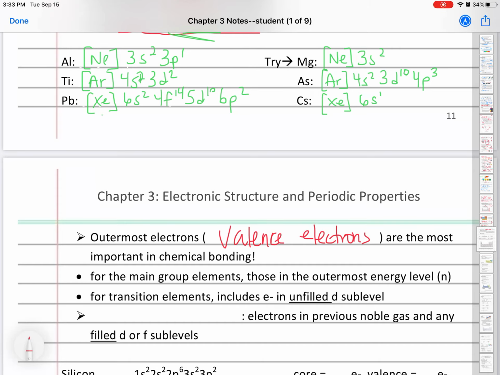So those are how you find valence electrons. Anything that's not a valence electron is a core electron. Those include all the previous noble gas electrons, the stuff that we don't even write because we're indicating it as a noble gas, and any filled d or f sublevels.